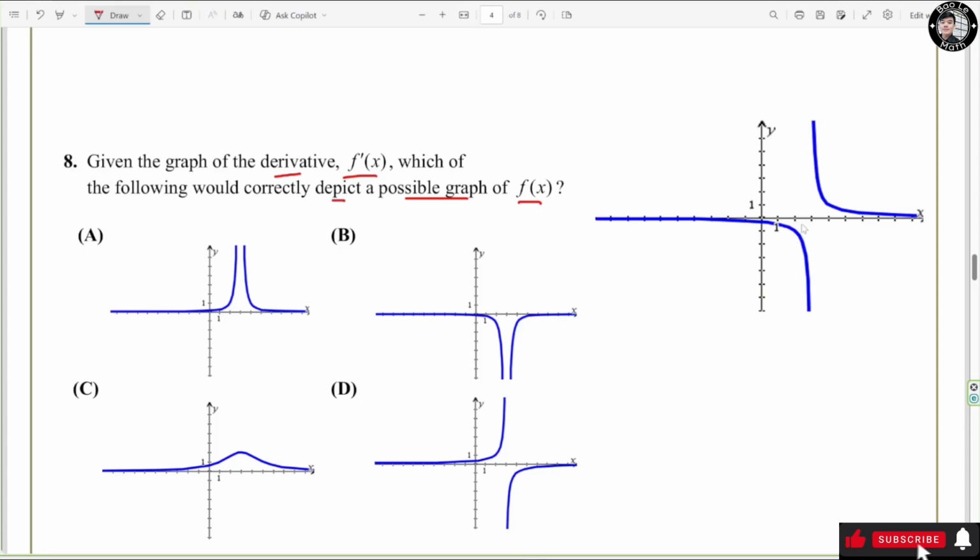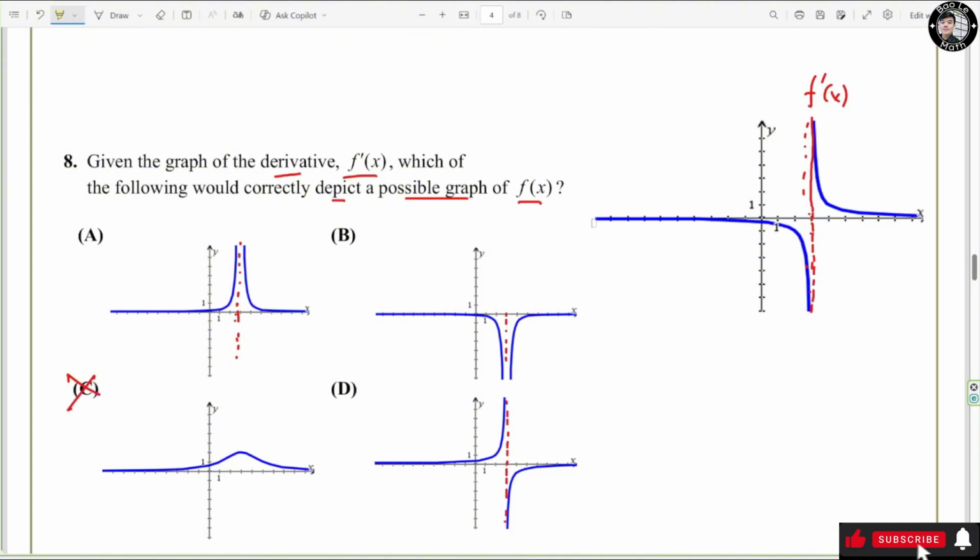We see that f prime has a vertical asymptote at s equals 3. So we observe that this one has the vertical asymptote at s equals 3, this one has it, this one has it. This one doesn't have, so the answer C should be wrong.